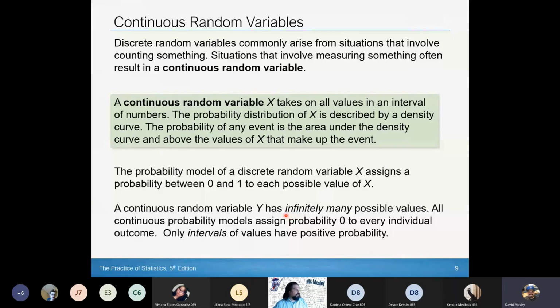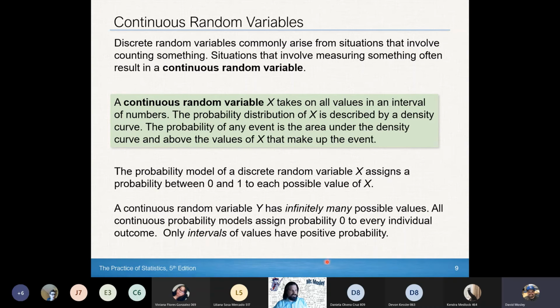So all continuous probability models assign probability 0 to every individual outcome. This is because if we look at the density curve and draw a vertical line, gotta get my terms correct, a vertical line has no width. Because it has no width, it has no area, so it has no probability.